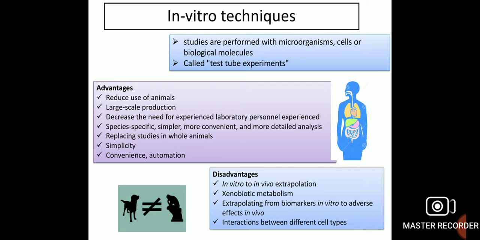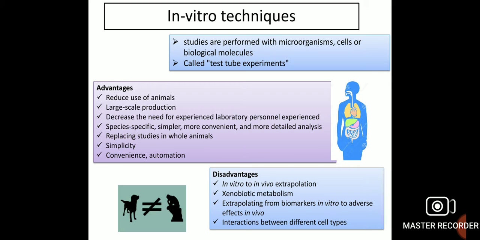Then the next advantage is that it is species specific, simpler, more convenient and allows more detailed analysis. Next is replacing studies in whole animals. Then simplicity, and convenience and automation. So you can do some of the techniques automatically, but you need to perform everything manually in animal experiments.